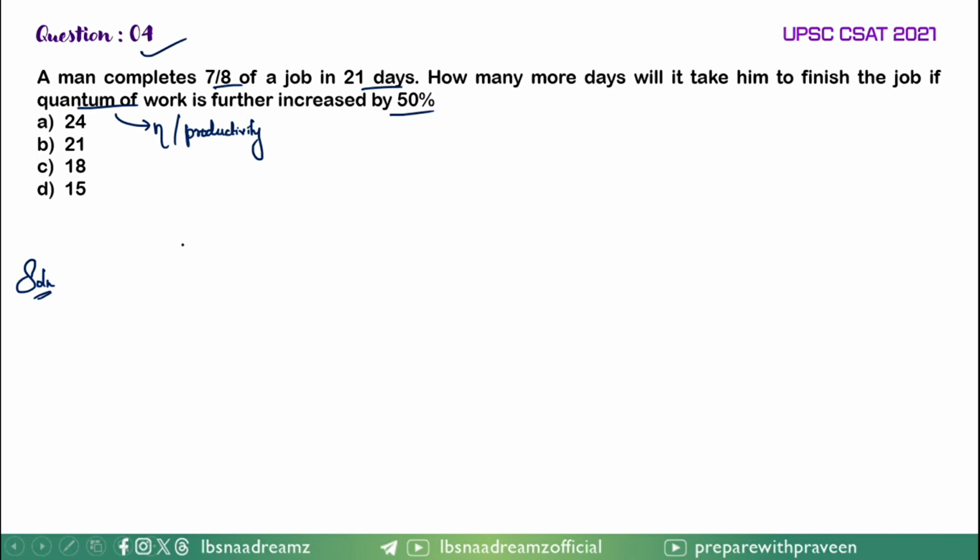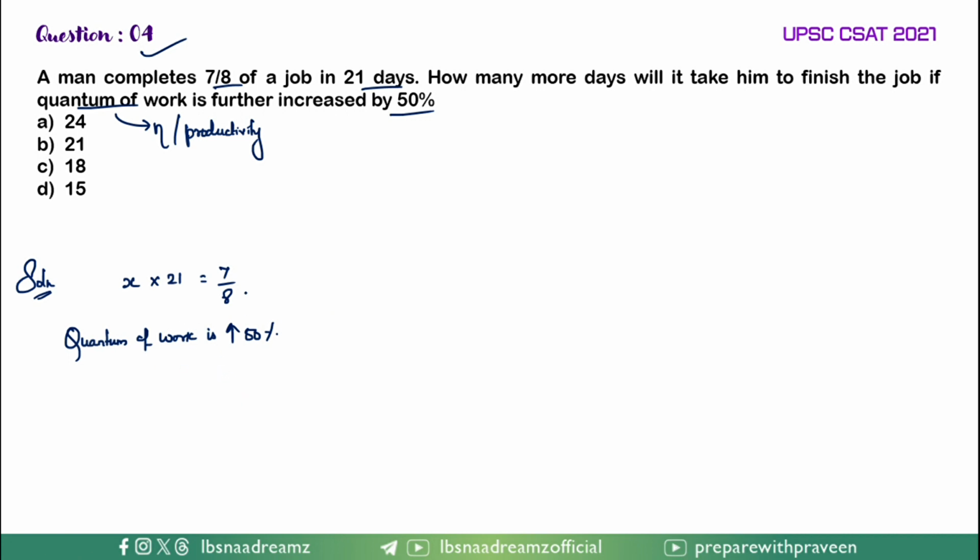So according to formula, x into 21 is equal to 7 by 8. So quantum of work is further increased by 50%.